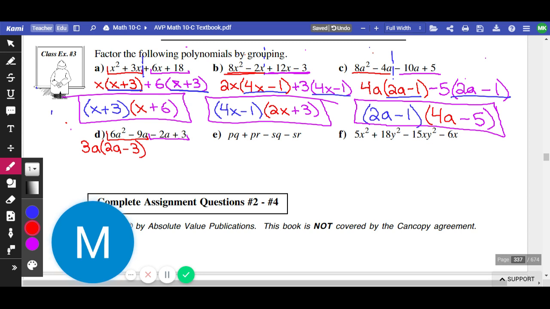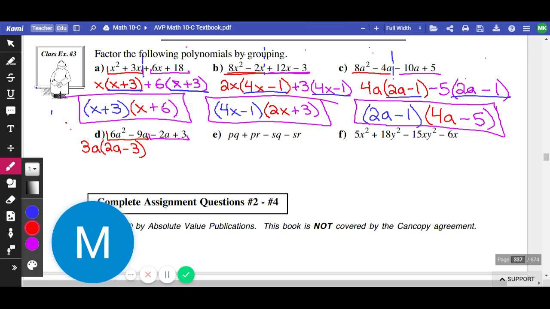If I look at my purple side, what's something I could divide both of those terms by? Is there a number that divides into 2 and divides into 3 on the purple side? No, that's a problem for us. Is there a letter that could divide into each of those terms? The first one could be A, the second one, there's no A's.